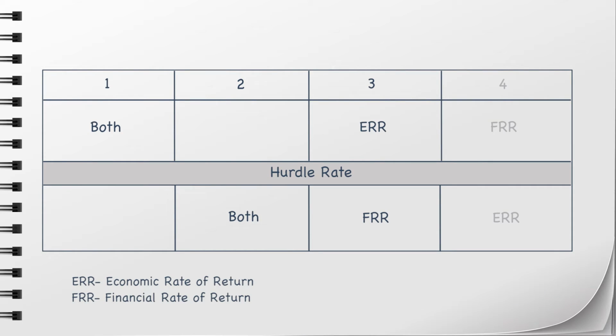Fine. Now let's move on to the other category where the externalities are more negative in nature. And we take the example where the visible cash flows leading to the financial rate of return is above the hurdle rate, which means in a more obvious sense it would appear that this project should be done.